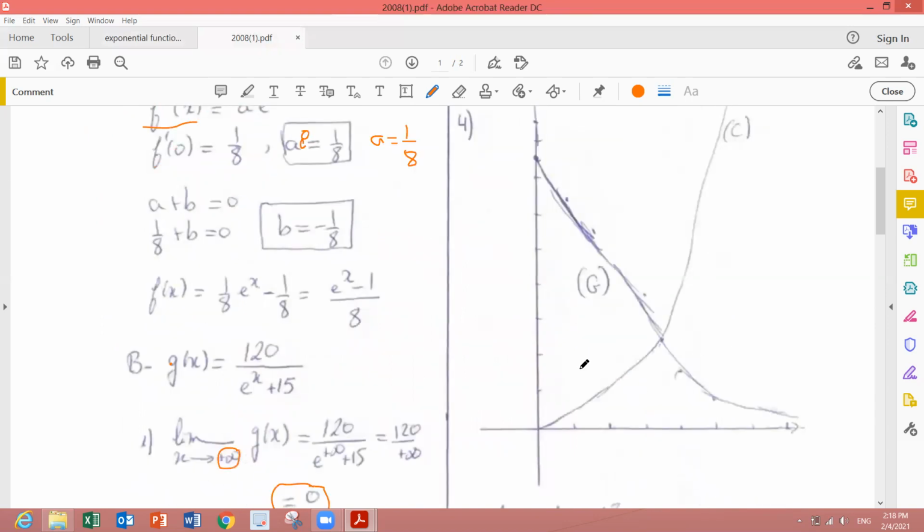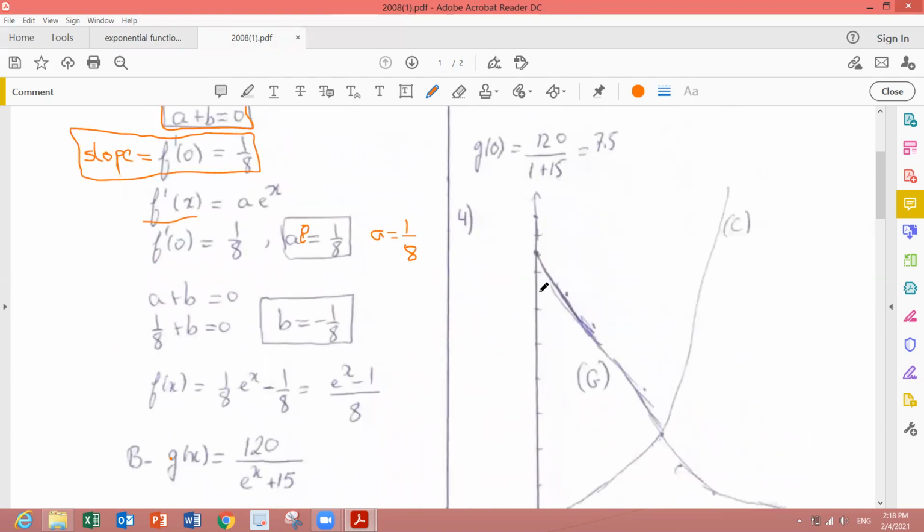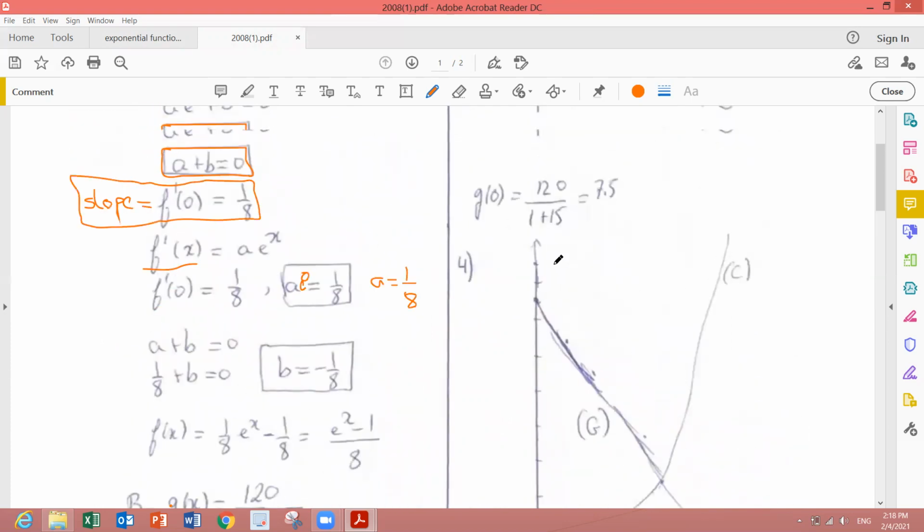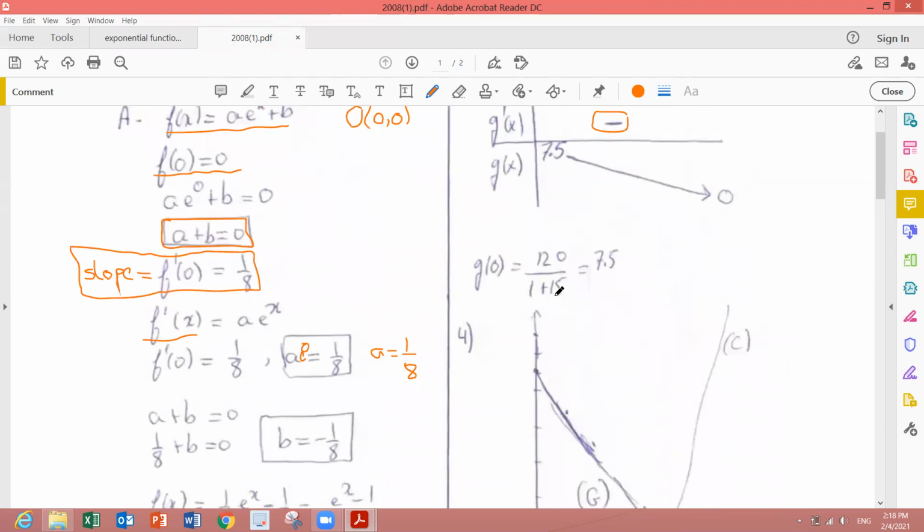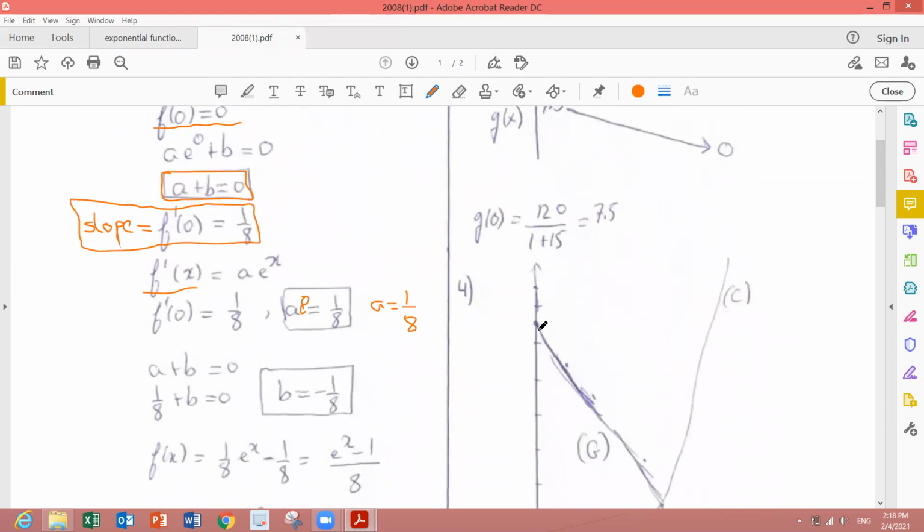Copy C. نحن معنا C كان it passes from the origin 0 0. فينا ناخد particular points إذا بدنا على C. Now G, it starts from the point 0, 7.5. This is 7.5 here.